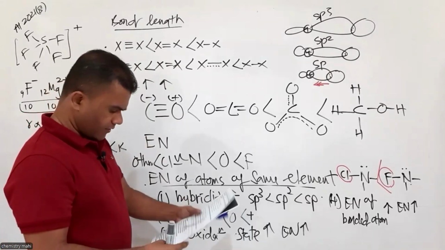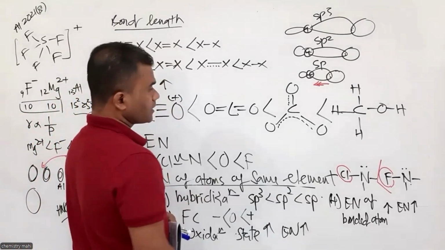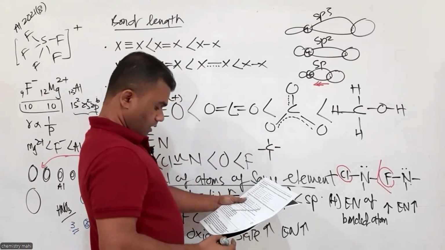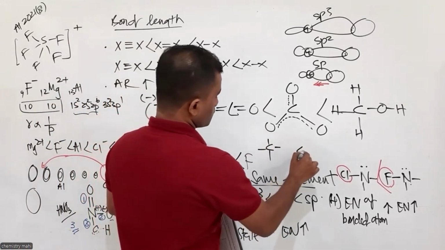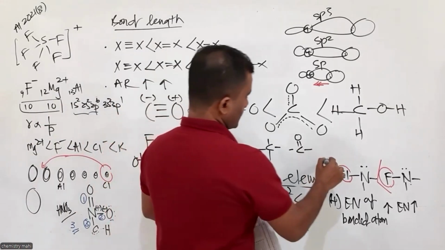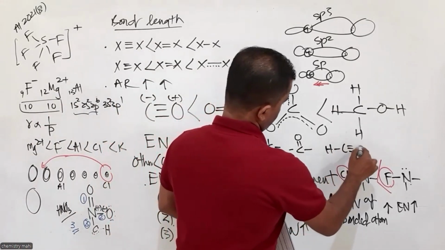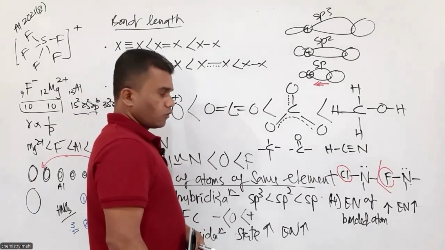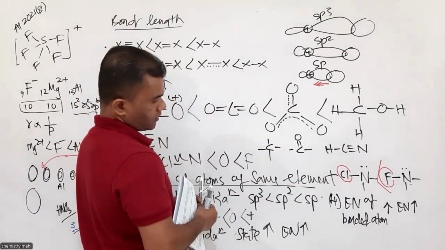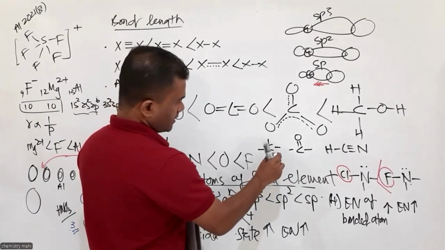With that understanding, if you go to this one, CH4 is given. I draw a small diagram here, CH4. Thereafter COCl2, and thereafter HCN. Now, what is the first factor you consider? You consider hybridization. What about hybridization here? sp3.